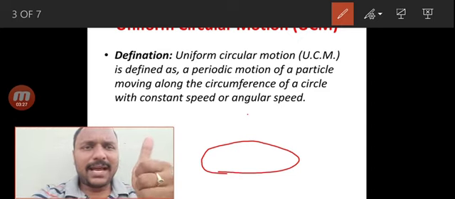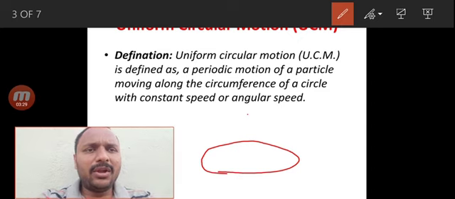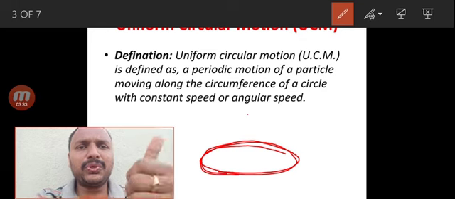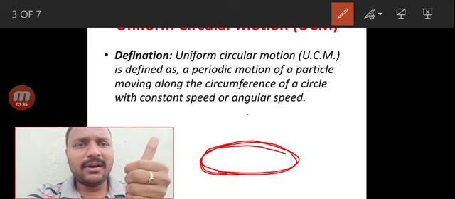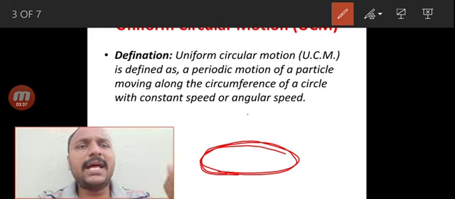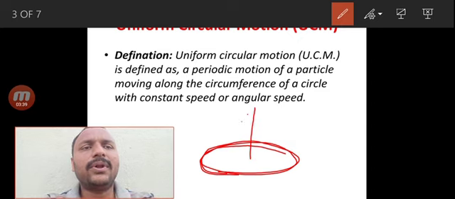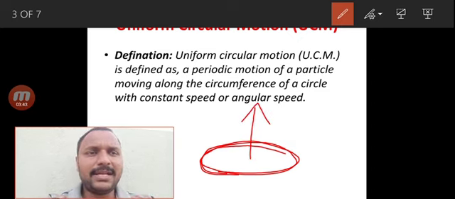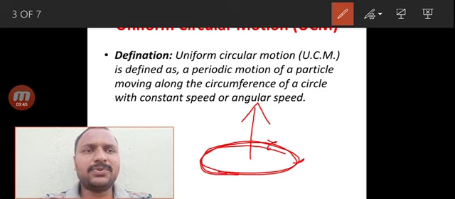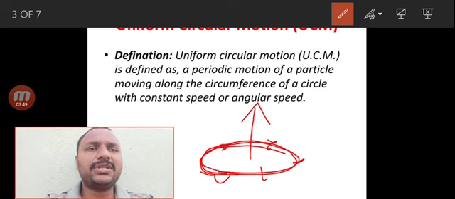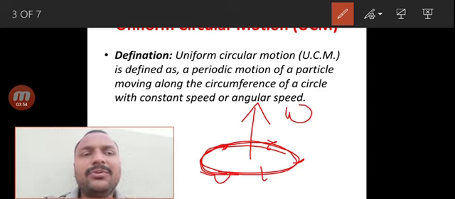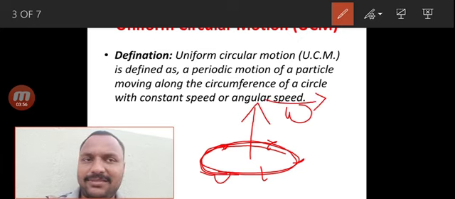If the particle moves along the circumference of a circle and its direction is shown by the curved fingers, then the thumb shows the direction of angular velocity. Even if the particle is at any position, this position or this position or this position, its direction never changes, it remains constant. Therefore we can say that angular velocity is constant.